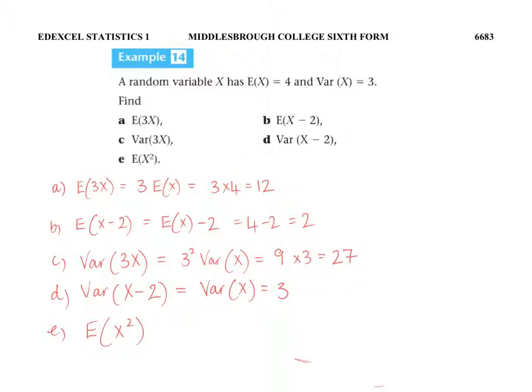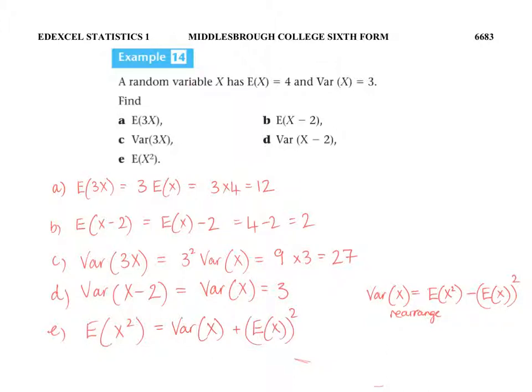And if you think about the formula that we have, the variance of x is equal to the mean of the squares minus the square of the means. So if we rearrange this to make E of x squared the subject, that means E of x squared is equal to the variance of x plus E of x all squared.